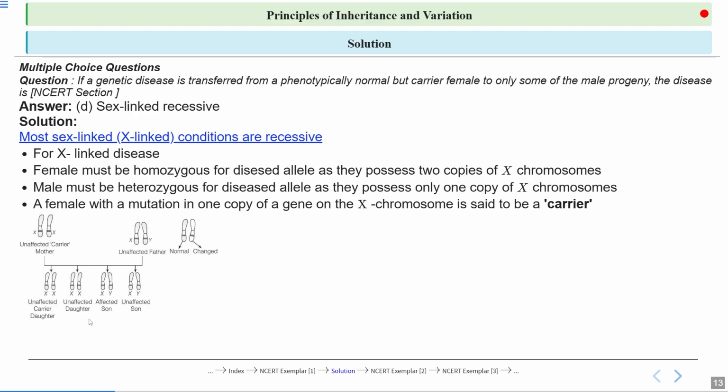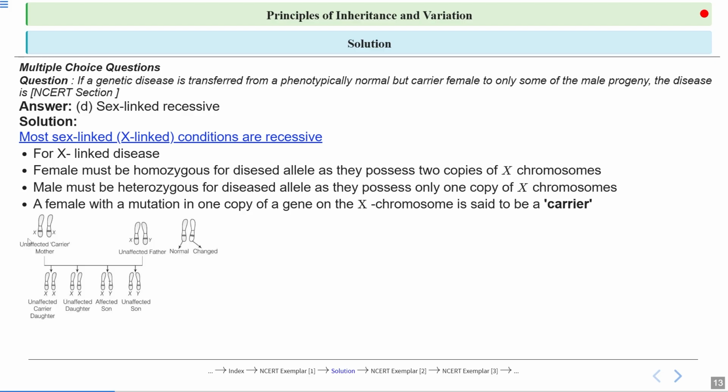The normal X chromosome in the offspring, and she can also transmit the X chromosome which has the mutation. So there is a 50% chance. Clear? So there can be unaffected carrier daughters, unaffected daughters, affected sons, and unaffected sons as well. You can see all these phenotypes can be formed here.